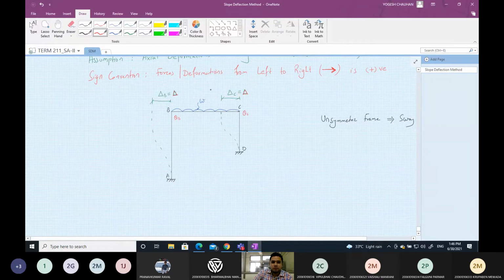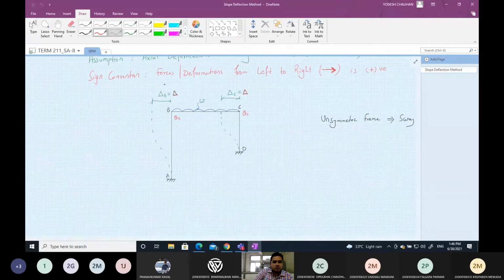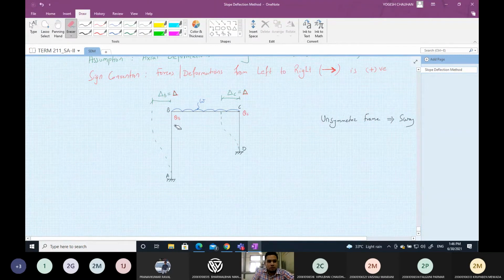So here we have three unknowns, but the available equilibrium conditions with us are: summation of moments at B equals 0, and summation of moments at C equals 0.